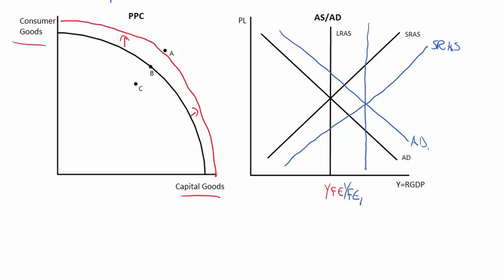I'll have this one again in our new long run equilibrium. So you might see those two examples of graphing economic growth. The big thing here though is a shift in the long run aggregate supply. If you have the long run aggregate supply shifting to the right, you have economic growth.